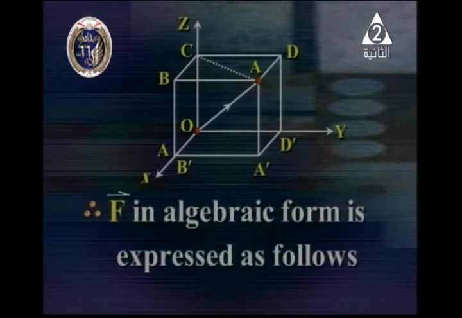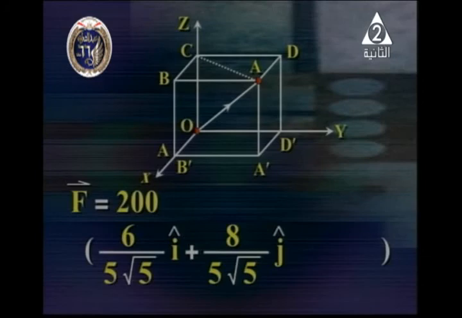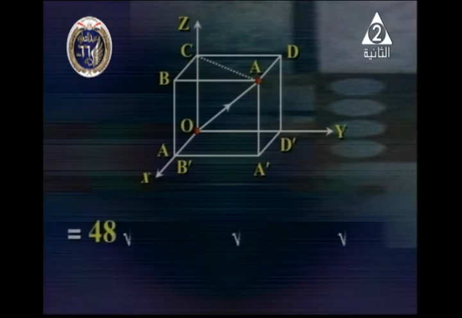Then the force F in algebraic form is expressed by this method. F equals 200 multiplied by the bracket containing 6 over 5 root 5 i plus 8 over 5 root 5 j plus 1 over root 5 k, equals final answer of F magnitude 48 root 5 i plus 64 root 5 j plus 40 root 5 k.